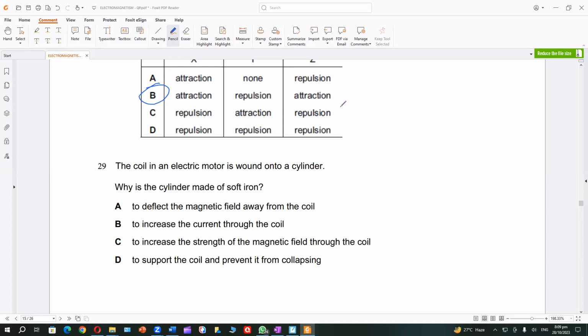Because it will enhance the magnetic field, because it will become a magnet and it will support magnetism. It will enhance magnetism.